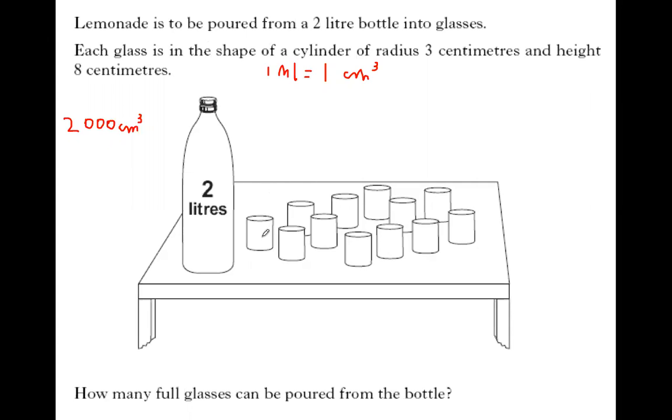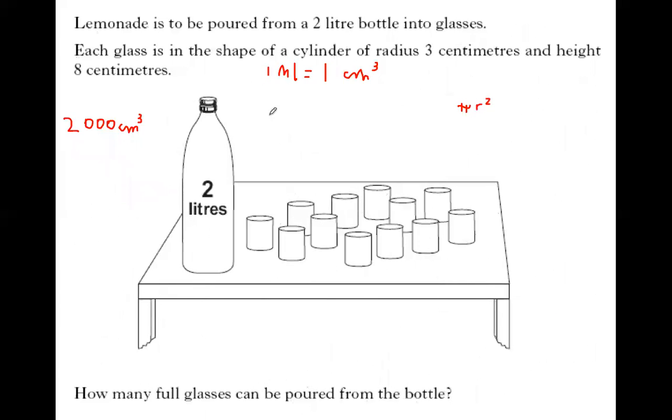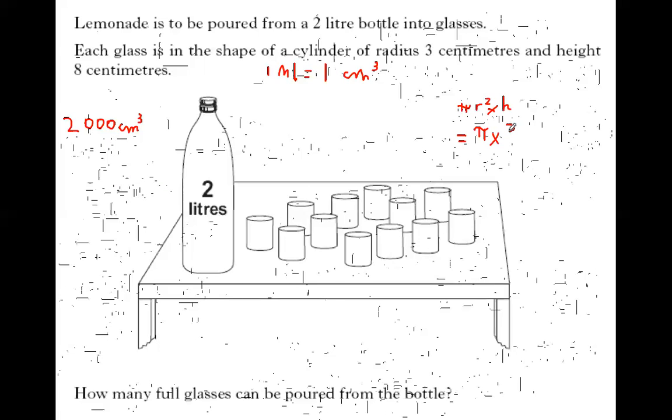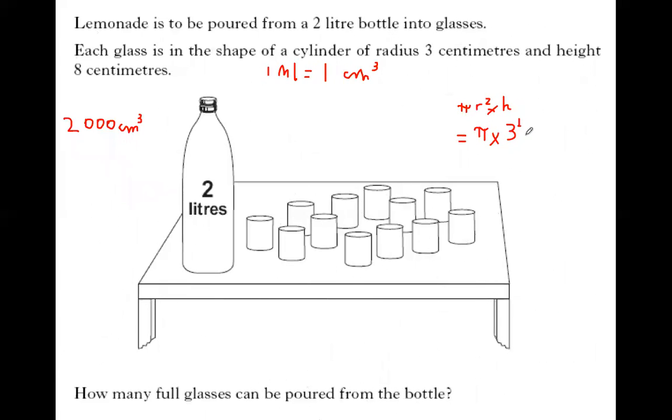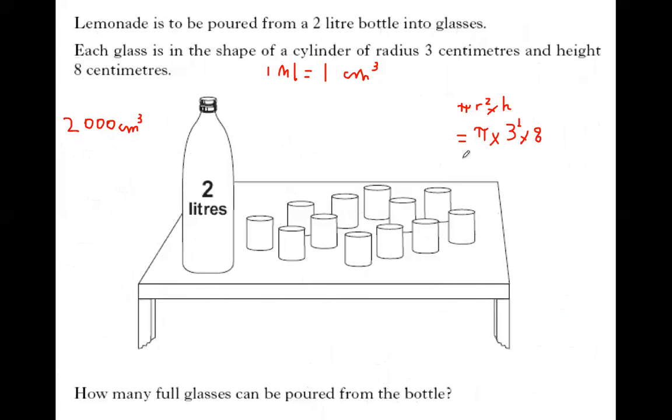So a glass is this shape. That's cylindrical, a cylinder. pi r squared times the height. So pi times 3 squared times 8 is the volume of a glass.